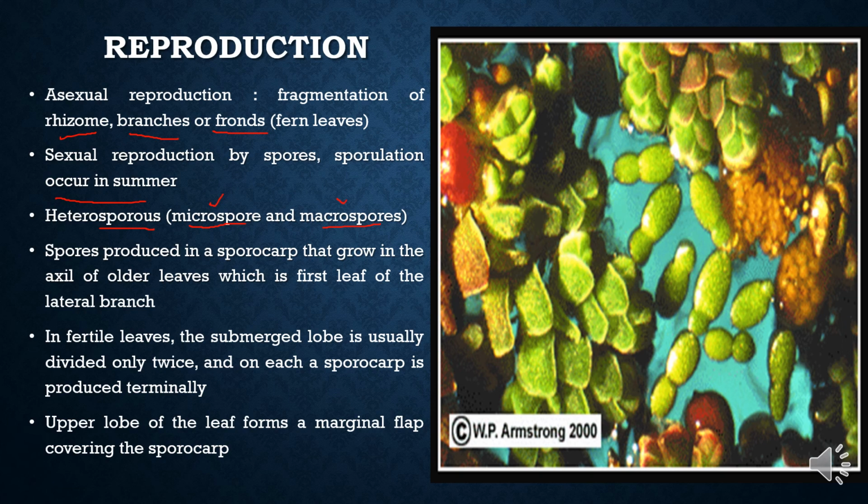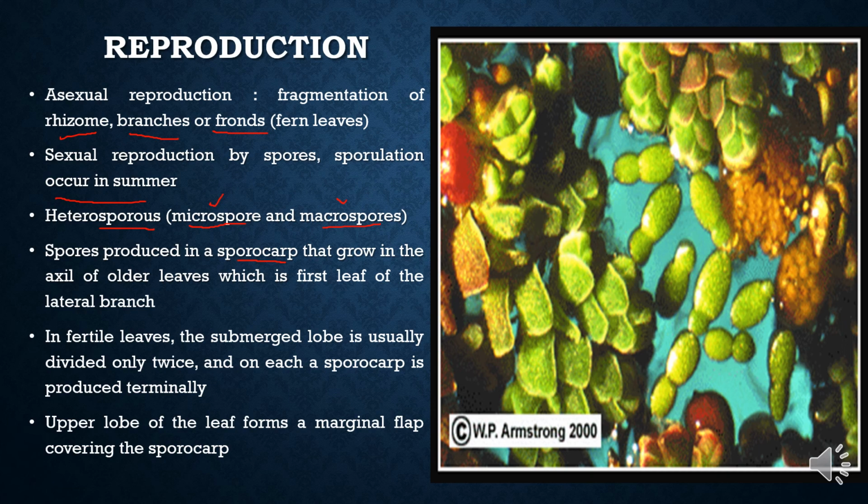Generally the spores are produced in sporangia on the lower surface of the leaf, but because Azolla is a water fern, it produces the spores inside a specialized structure called the sporocarp. This type of sporocarp we can also see in Marsilea as well as Salvinia.